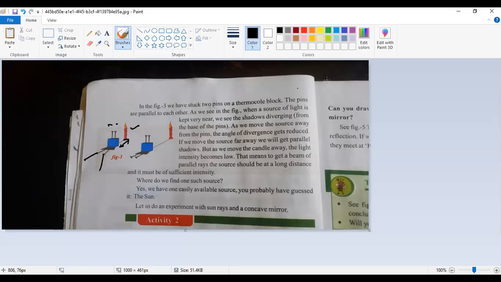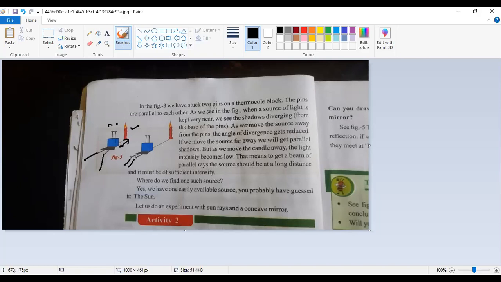Now we can say that from the base of the pins, as we move the source away from the pins, the angle of divergence gets reduced. If we take this candle backward, this divergence is getting reduced. It is coming very straight, like this. So if we move the source far away, we will get a parallel shadow.